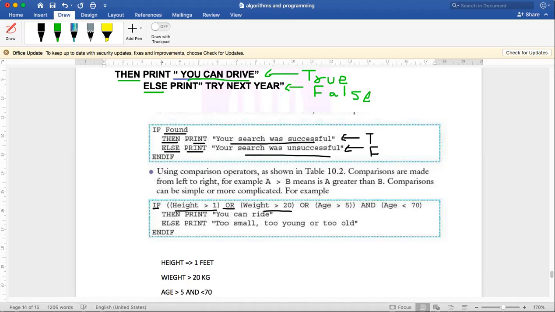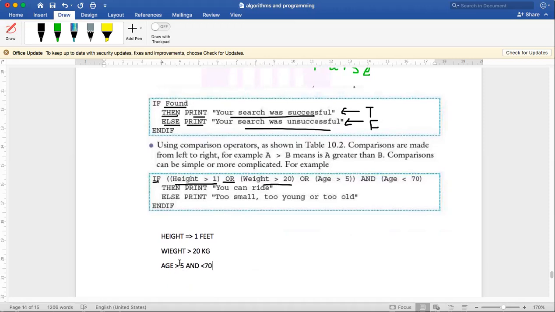It means the kid who is more than 5 years old and the old people who are under 70, then friend, you can ride. Let's suppose you are going with your family to an amusement park or whatever, and you want to take a ride. In that ride, these are the 3 clauses, the 3 conditions.